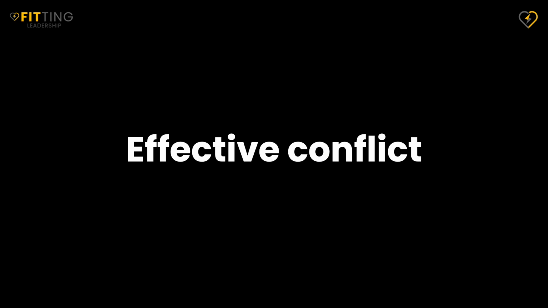Effective conflict. This is always an interesting one, but actually we want to have conflict because it's impossible for everybody to agree on everything. And if they do, then the chances are you've got some blind spots because some people are not taking opposing views.